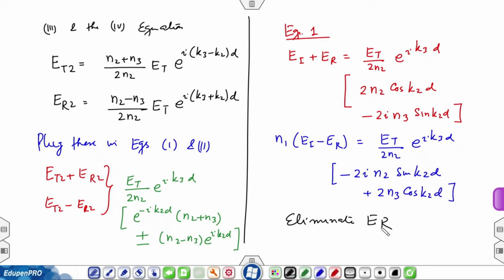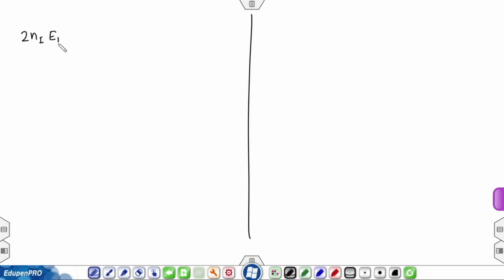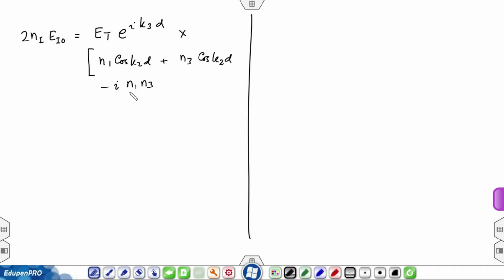The rest of the task is very easy. All I need to do is eliminate ER, and I go through the manipulations, and that gives me 2N1 EI0 equals Et e raised to I K3 D times N1 cosine K2 D plus N3 cosine K2 D minus I N1N3 over N2 sine K2 D minus I N2 sine of K2 D. I am giving you these middle steps so that when you work it out, you see that you are not making an error.